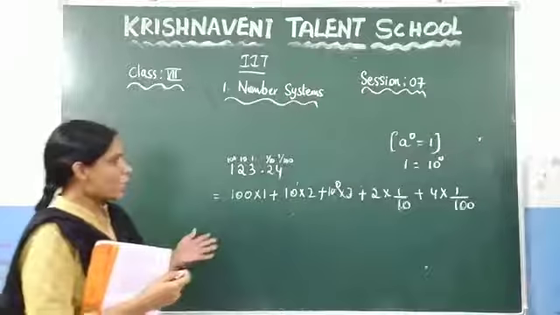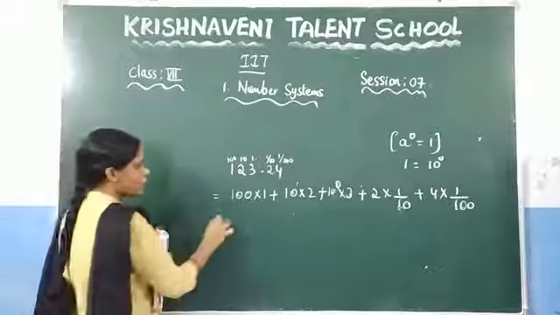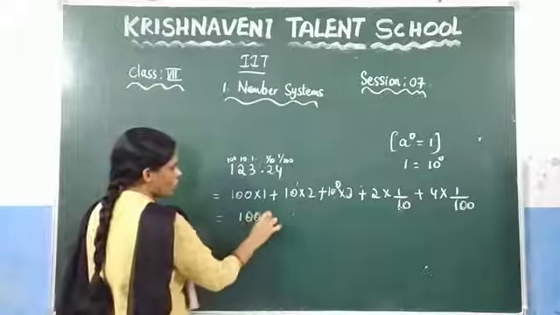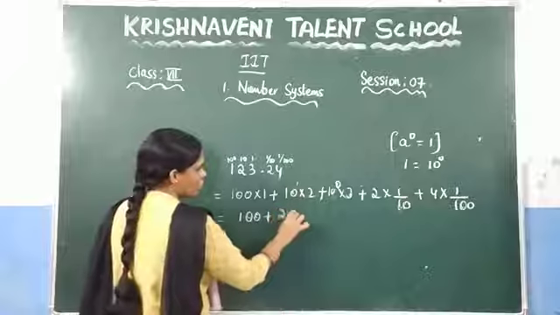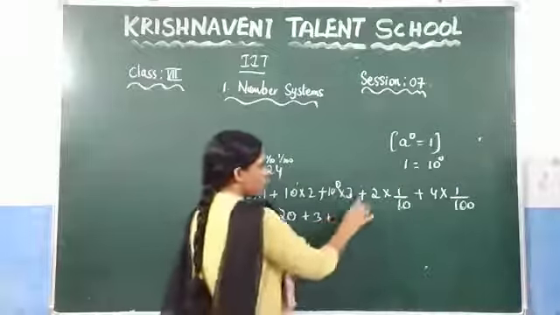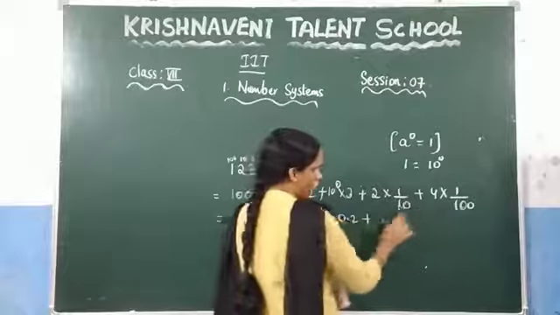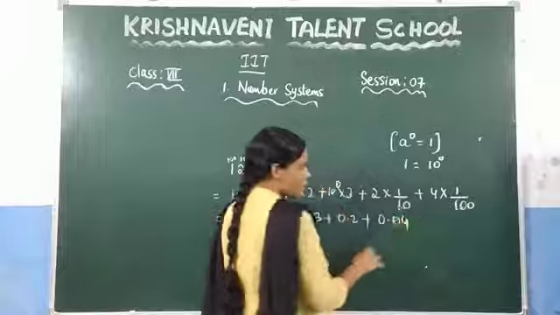If you add all these numbers, you will get this number. You can check it: 100 into 1 gives you 100, 10 into 2 gives you 20, 3 into 1 is 3, and 2 by 10 is nothing but 0.2, and 4 by 100 is nothing but 0.04.